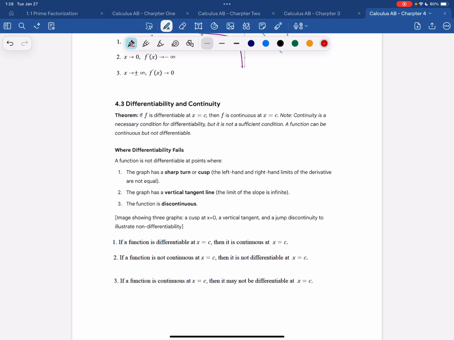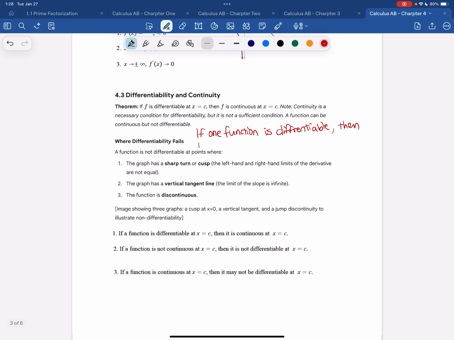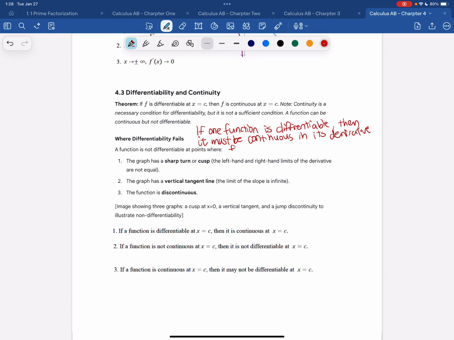So if one function is differentiable, then it must be continuous in its derivative form. Okay, so that's basically what differentiability means. So this is where differentiability fails.